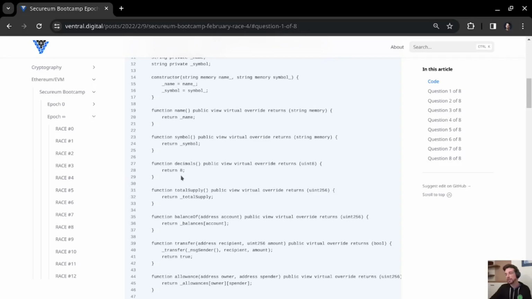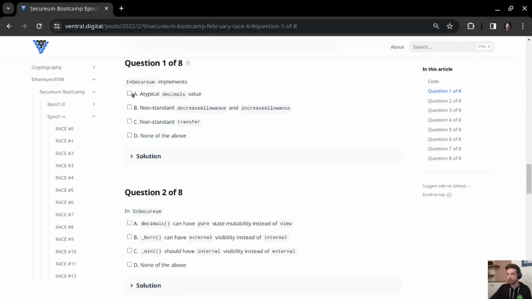And it is typically 18 because that is the number of decimals that Ether has. So just to make things easier and to not have different decimals, most tokens choose to also make use of 18. And that is why it is correct that this contract uses an atypical decimals value.